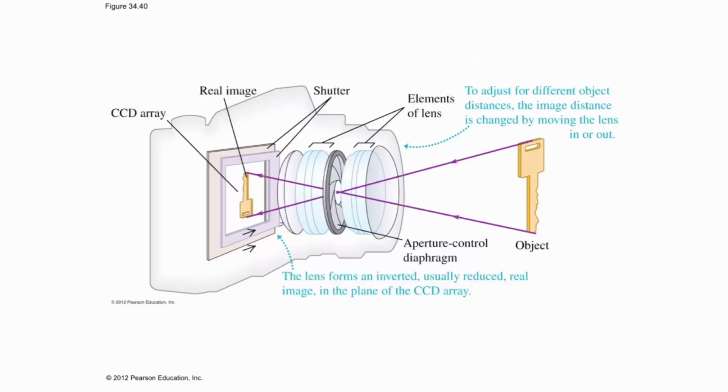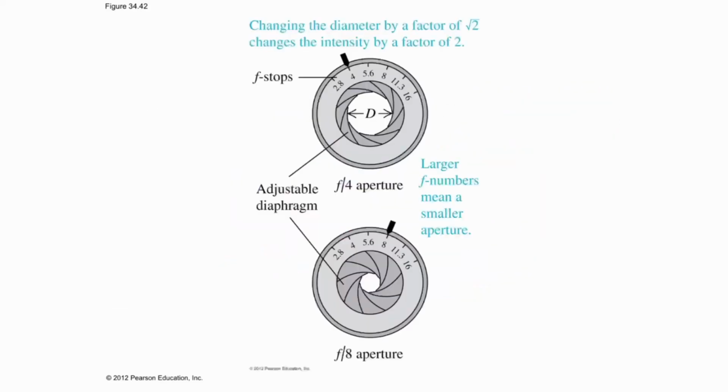So you have this optical capture, right? But then we also have to have a mechanism for taking that real image and capturing it, putting it into either electrons or chemicals so that we can have a permanent picture of it, okay?